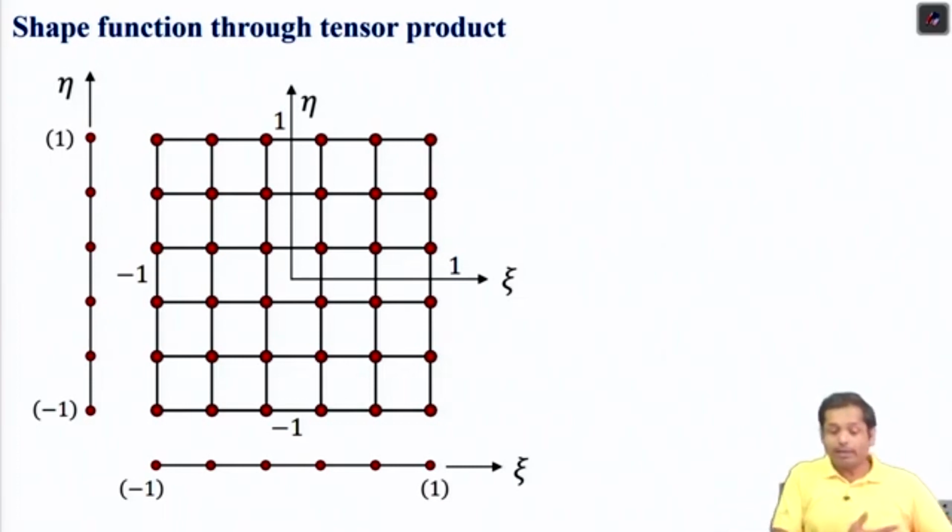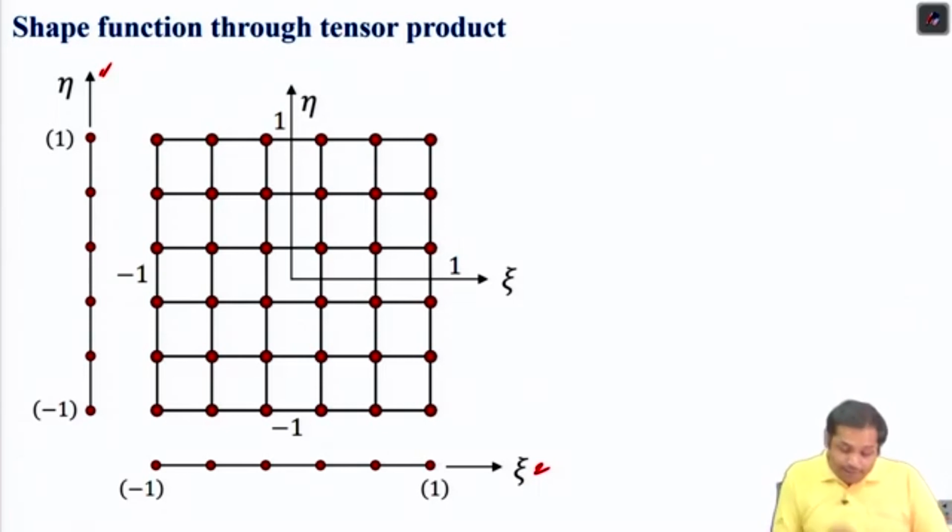Okay, you can extend it, you can put any number of nodes here. So this is an element which has 36 nodes. In xi direction we have 6 nodes, and in eta direction we have 6 nodes. So we need a shape function for this 1D element, and a shape function for this 1D element, and then take the product to get the shape function for this element.